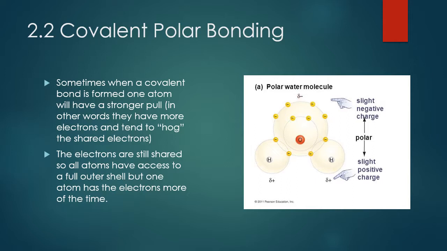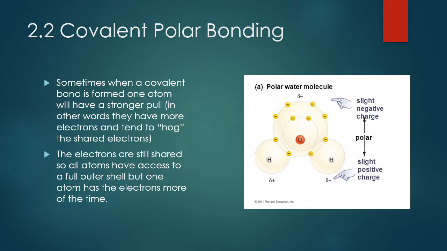So it'd be like thinking of a magnet, and you have a positive and negative side of a magnet. Well, oxygen would be like the negative side of that magnet. It's more of its overall negative charge more of the time. On the other hand, the hydrogens, since they lose their electrons more of the time, end up with a slightly positive charge on this end of the molecule.